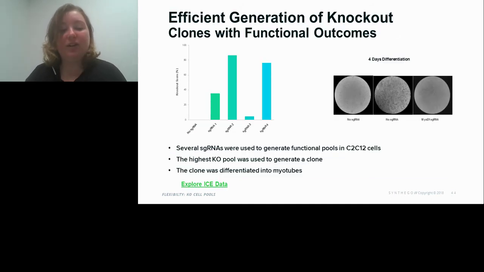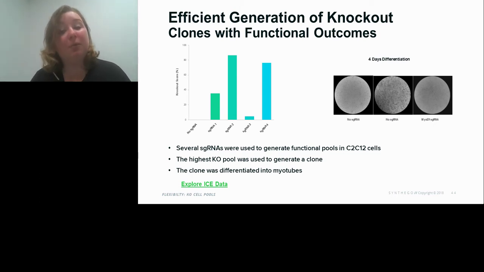And when we have generated some of these, we're able to show very strong functional outcomes because we have clonal knockouts. So in this example, we took C2C12 cells, which is our myoblast cell line, and we knocked out the MyoD1 gene. These cells can differentiate from a myoblast into a myotube. You can see on the images here on the right, when we have no guide RNA and we've differentiated these cells, they're able to very effectively differentiate into myotubes.